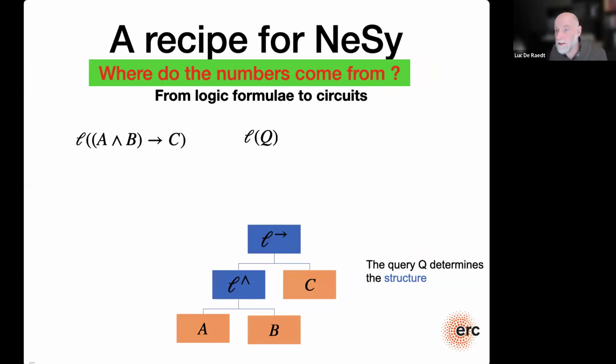In order to do that, let's look at this kind of logical formula. A and B imply C. And what you then want is a kind of structure that corresponds to that. The propositions are going to be the leaves of the tree. And then you build up the expression.